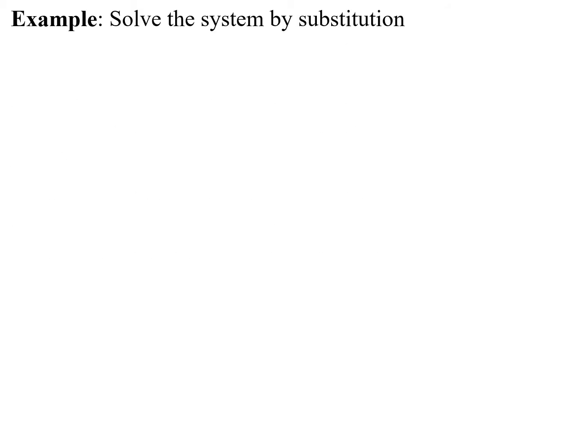Our third example using substitution, our system is 3x plus y equals 2 and 4x plus y equals 20. Now, when I look for solving with substitution, I have to have a variable equals a value in order to substitute.